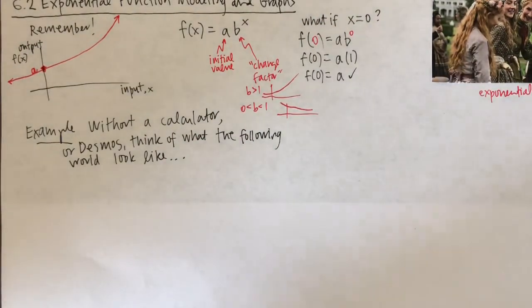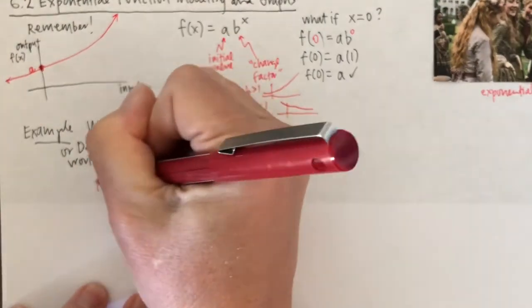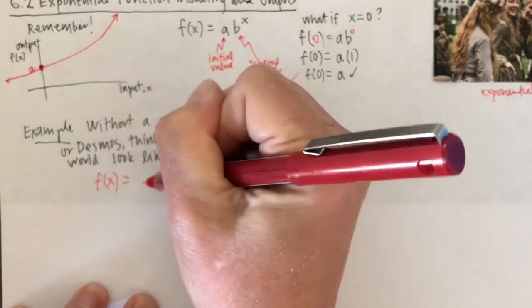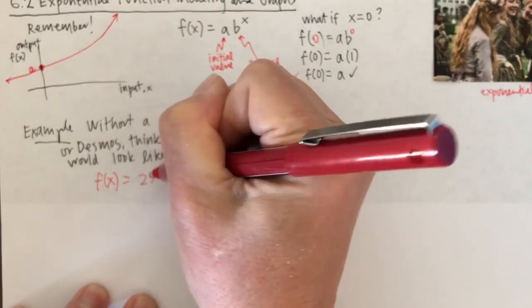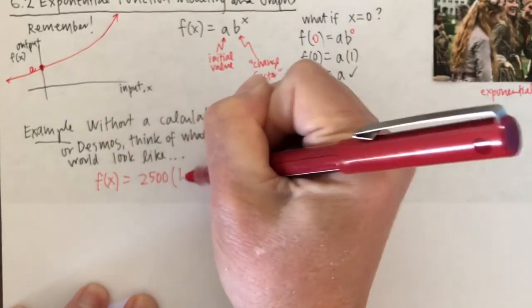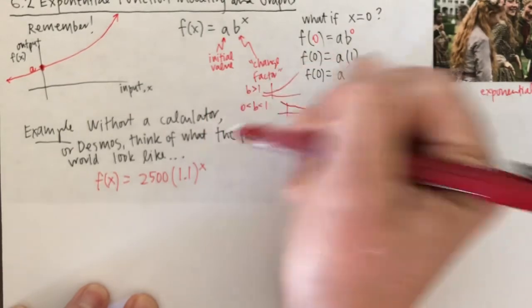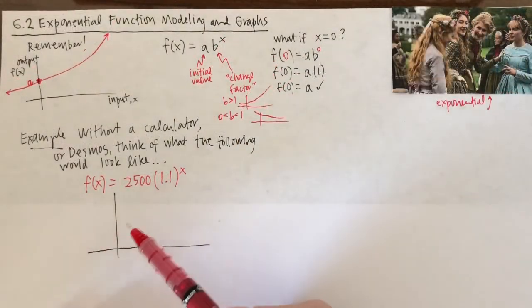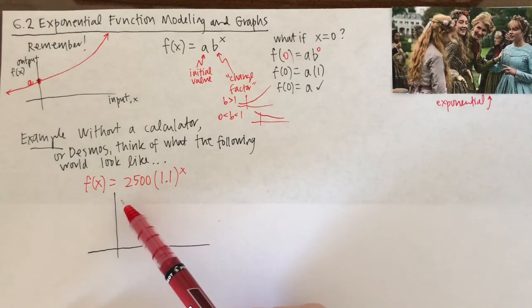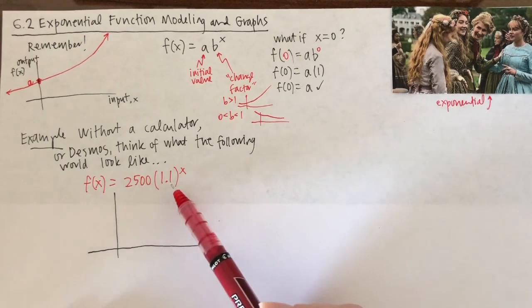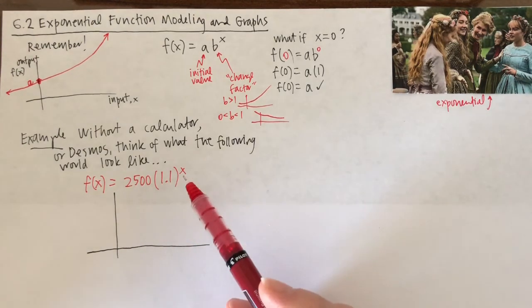Say that I give you the function f of x equals 2500 times 1.1 to the x. This is definitely a standard exponential function. We have our initial value a, and our growth factor raised to the x power.